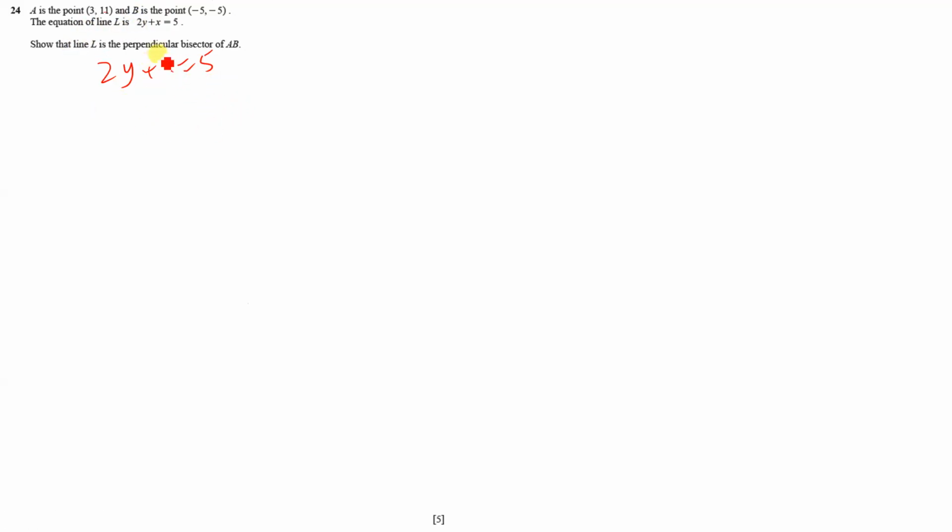So first of all, find out the gradient of this line L, that is 2y plus x is equal to 5. So this gives us y is equal to -x plus 5, or y is equal to -half x plus 5 by 2. So gradient of this line is -half.